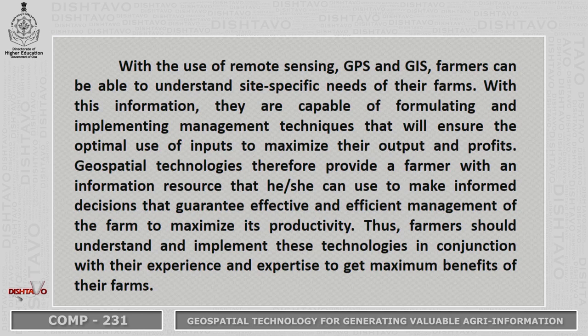Geospatial technologies therefore provide a farmer with an information resource that he or she can use to make informed decisions that guarantee effective and efficient management of the farm to maximize its productivity. Thus, farmers should understand and implement this technology in conjunction with their experiences and expertise to get maximum benefit from their farms.